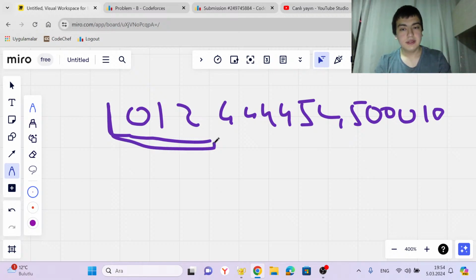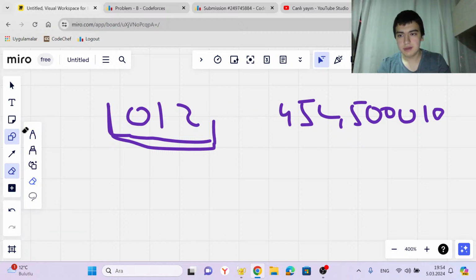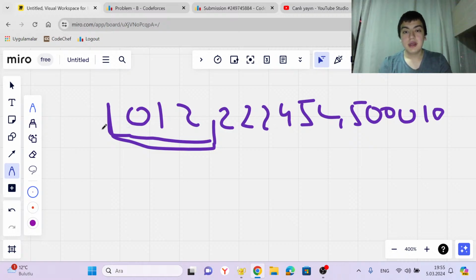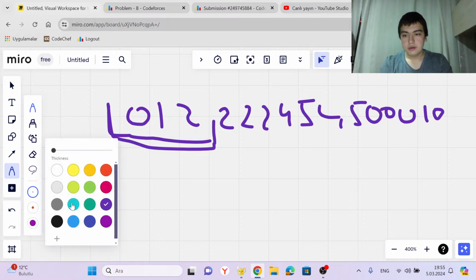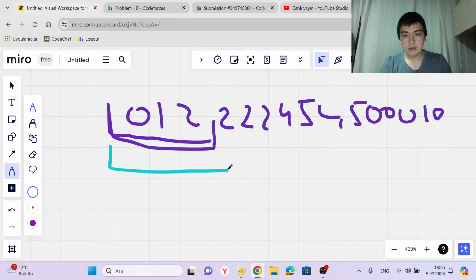We saw that this is the first place where the max of the subsegment is equal to the max of the array. Let me change the input a bit. Let me make this one place 2. Okay, we can choose this subsegment 2.